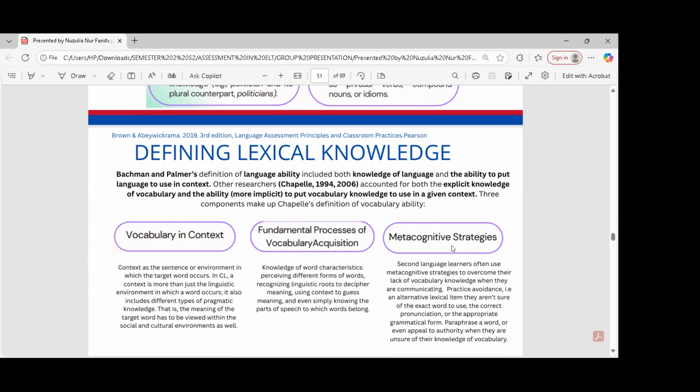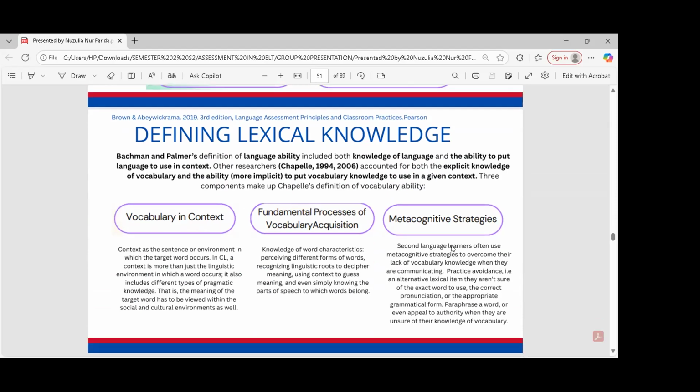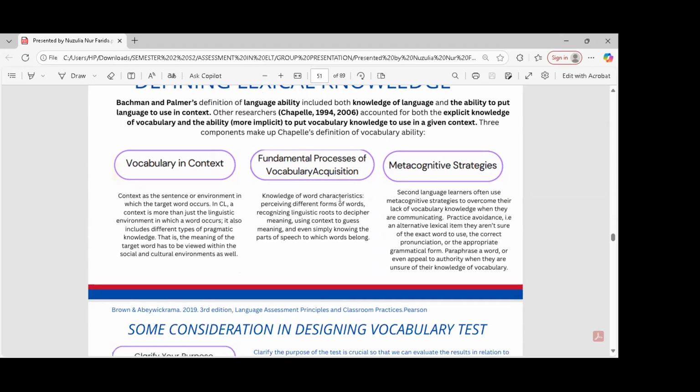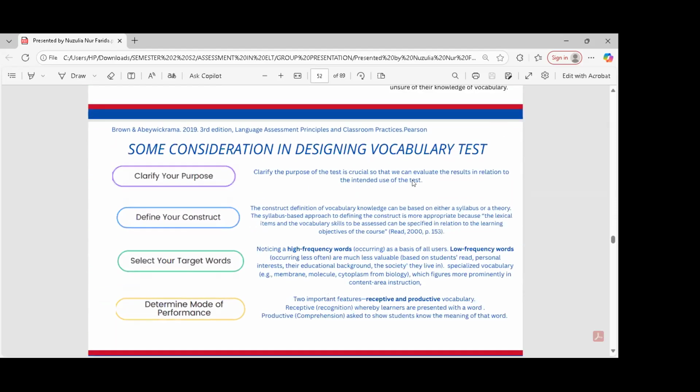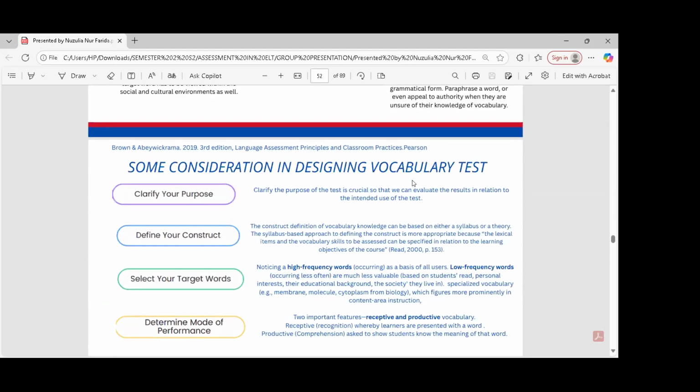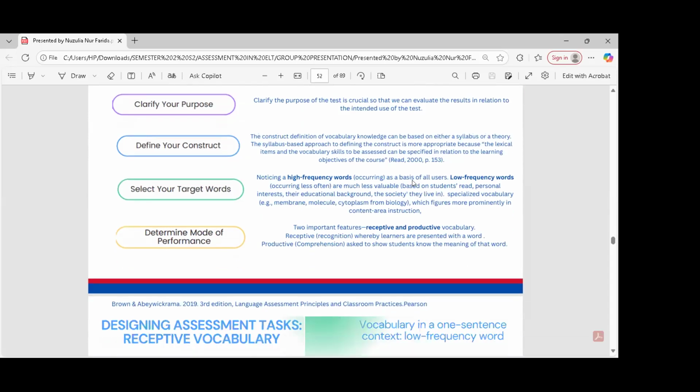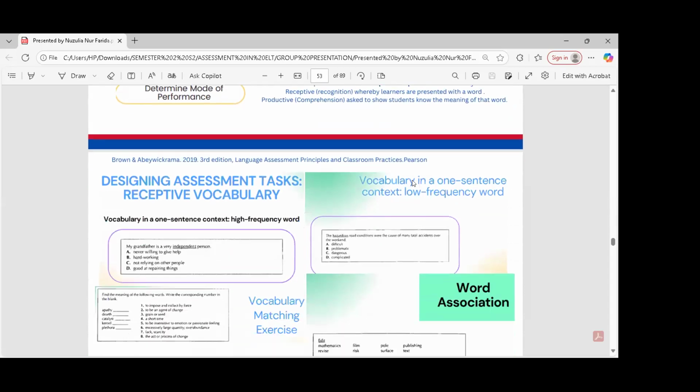So the knowledge of lexical items is built by context and the fundamental process of vocabulary acquisition as well as metacognitive strategies. And some considerations in designing the vocabulary test: the first is to clarify your purpose. The second is to define your construct, select your target words, and determine the mode of the performance.